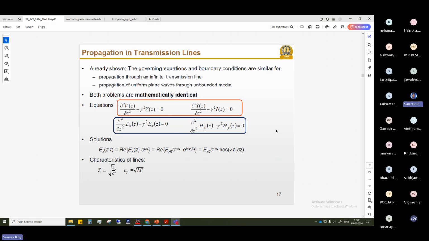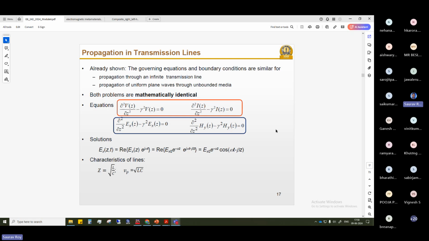Around the same time, around 2000, another group came up with a different type of visualization or demonstration for negative refractive index material, also called left-handed material.